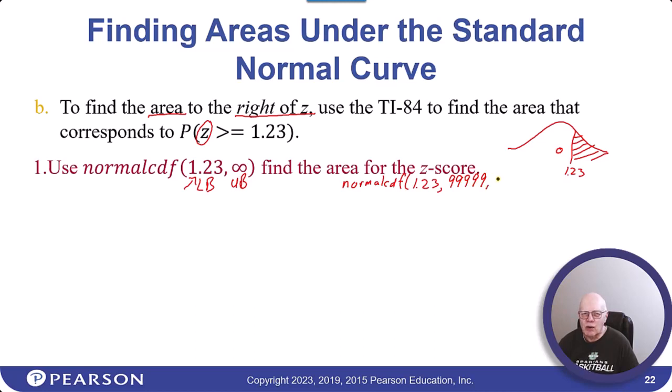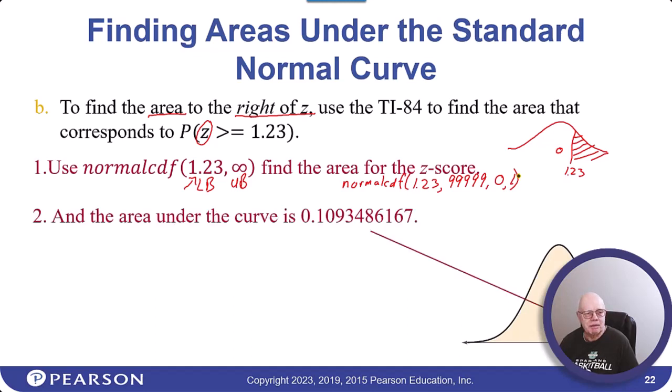And since I want to be careful and get a good habit, I'm going to put in the 0 and 1. And take a look at that. I better end up with something less than 0.5. So there's my picture. A better picture, I admit. The area under the curve, 0.1093 approximately. We're in good shape.